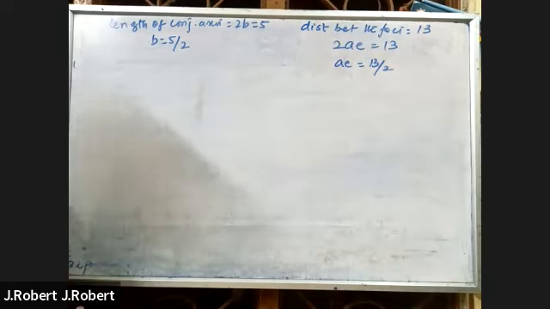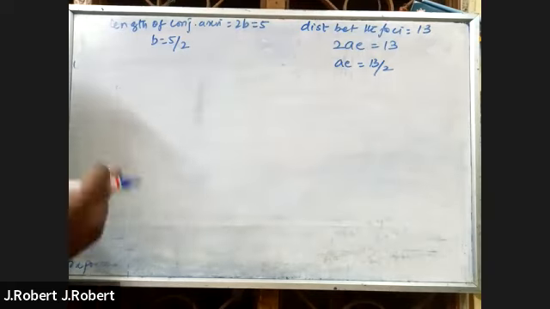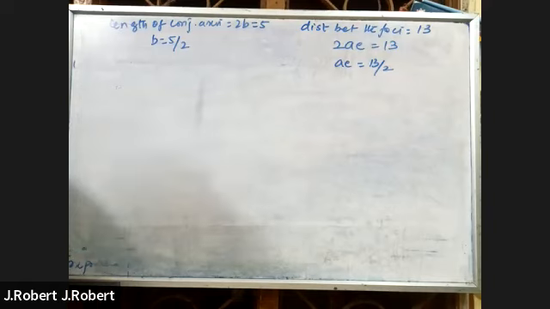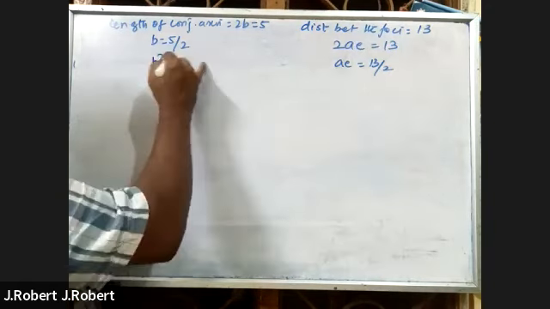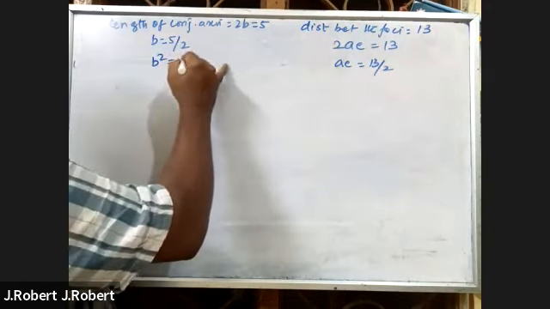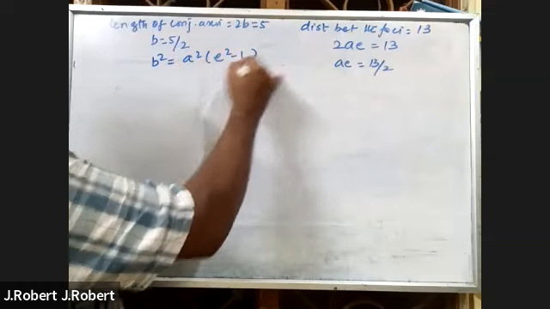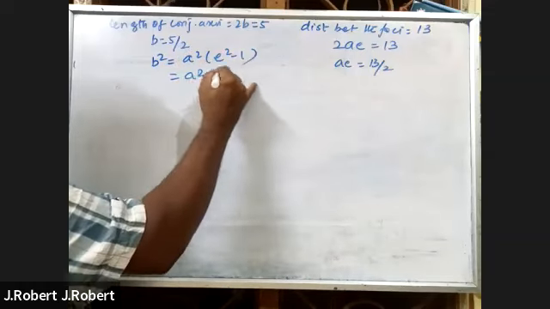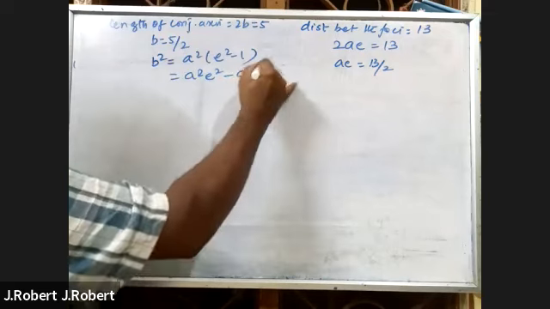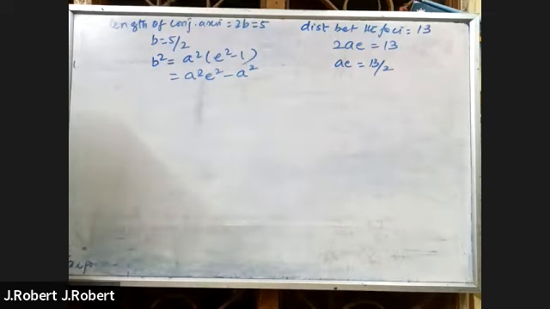So we are going to find the eccentricity. But we know that b square equals, we have a formula, a square into e square minus 1, or a square e square minus a square. Correct? a square e square.